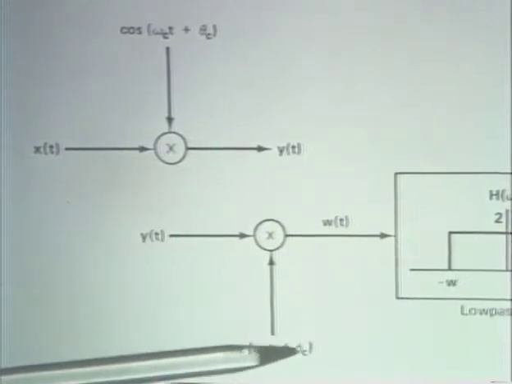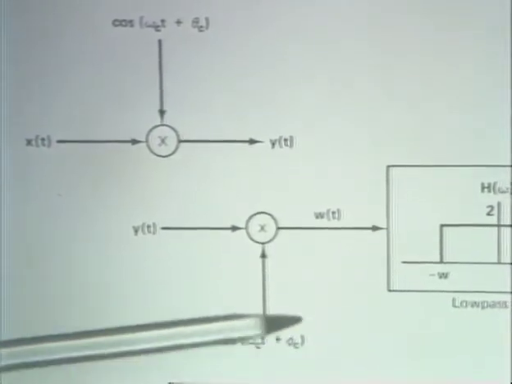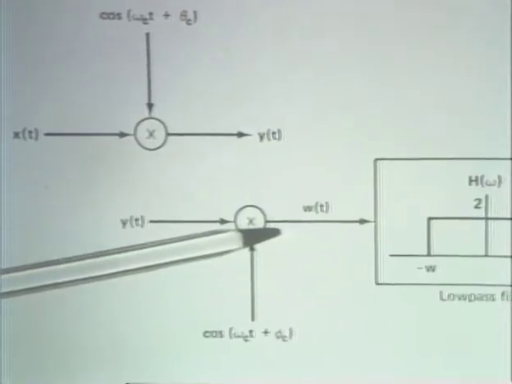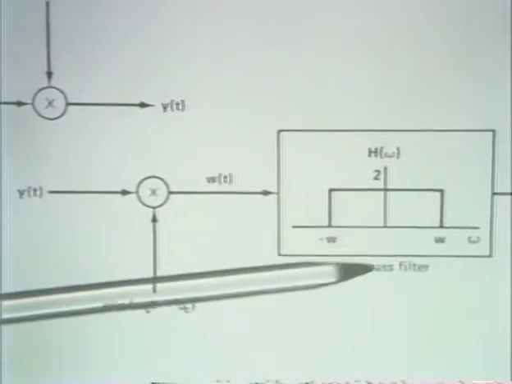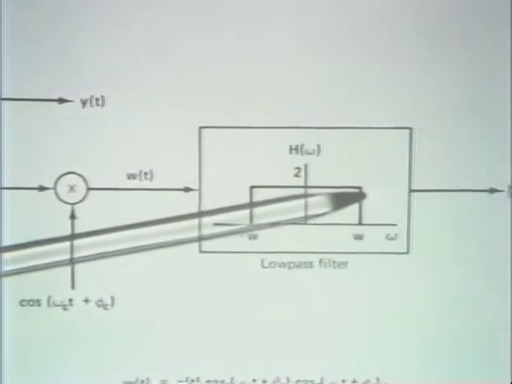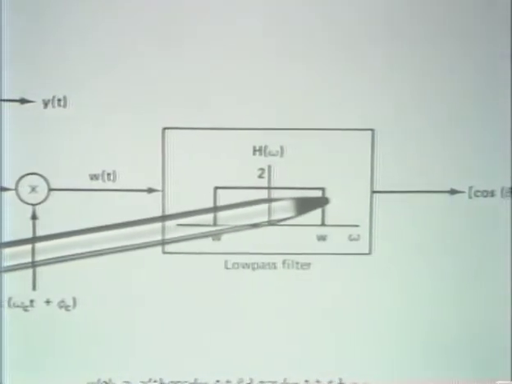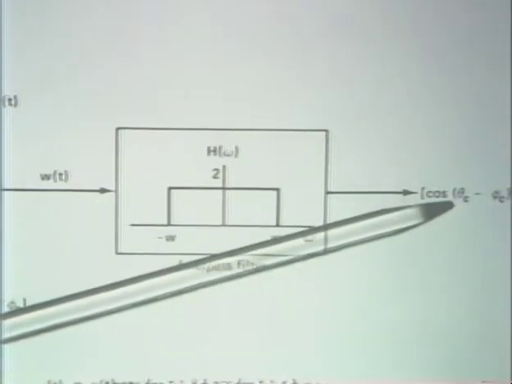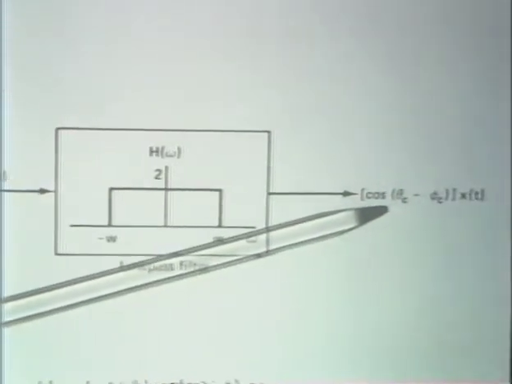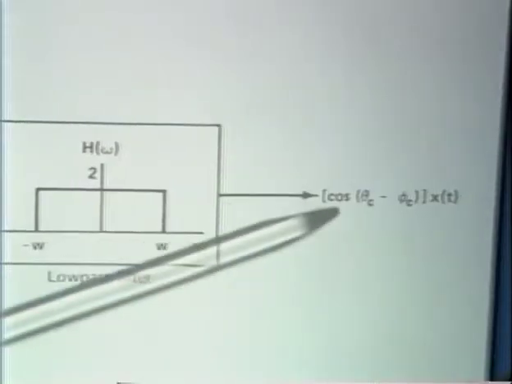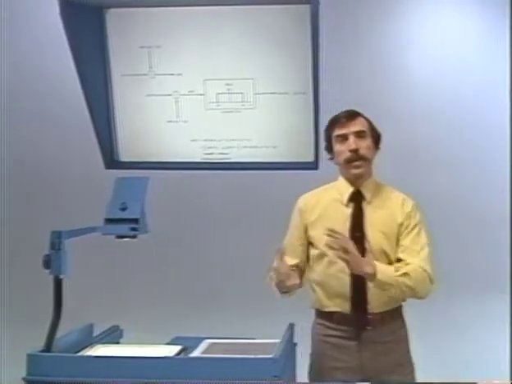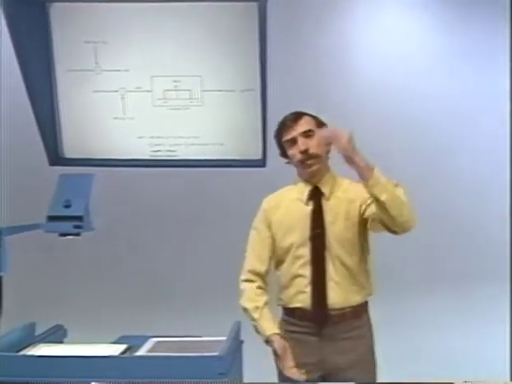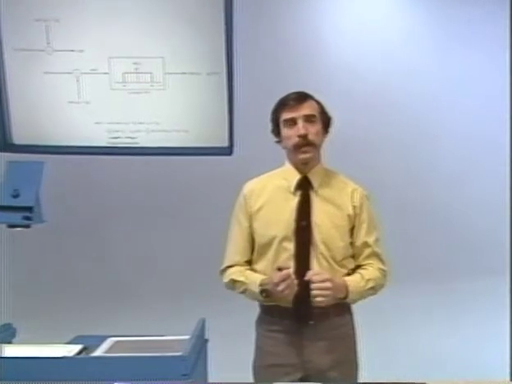And if you track through the details and the algebra, then what you'll find is that the output of the low-pass filter, rather than being x of t, the signal that we want, is x of t multiplied by a scale factor. And the scale factor is the cosine of the phase difference. Now, one could ask, okay, well, what's the big deal about a scale factor? If it's too small, we'll make it big. If it's too big, we'll make it small.